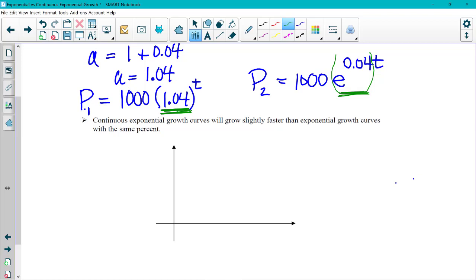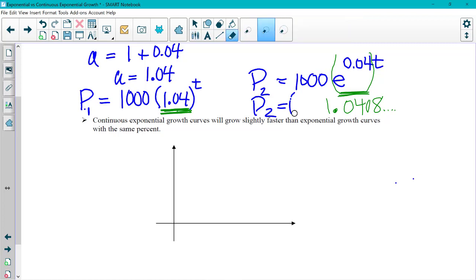If we put that into a calculator, e to the 0.04 power becomes 1.0408, etc. Okay, so it's like I have an exponential growth function with a base of 1.0408 rather than 1.04. So it is slightly larger.